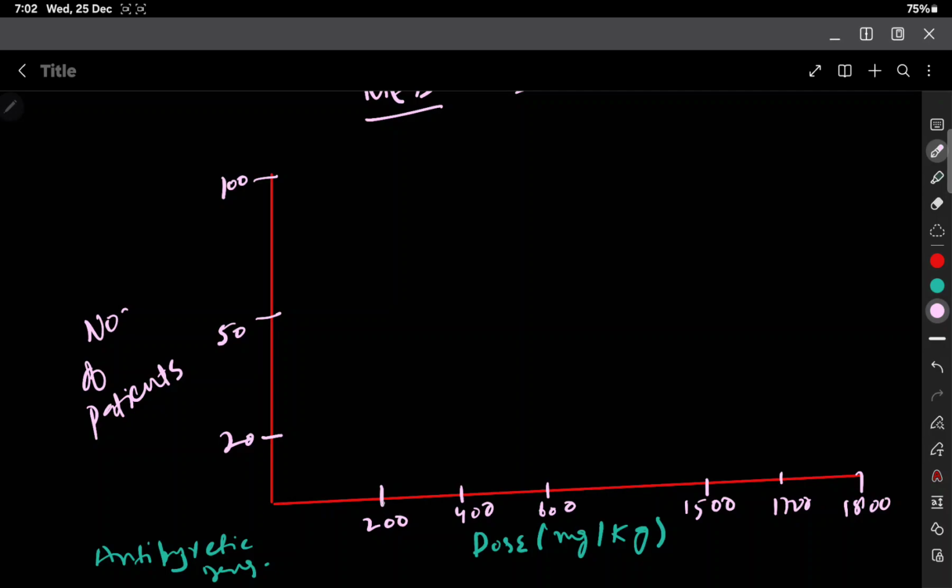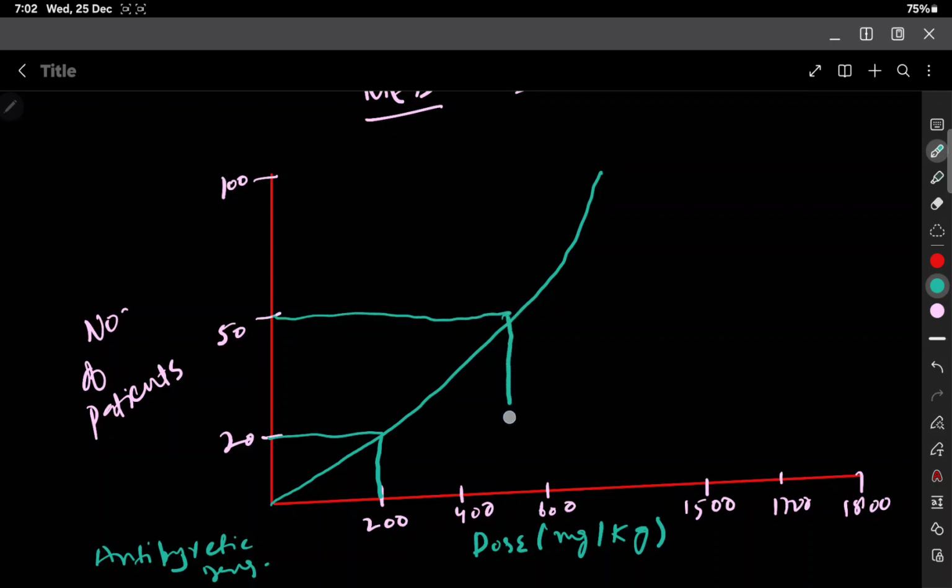Now when the dose of the drug is 200, how many patients are showing the effect? 20, for example. 20 of the patients are showing effect. So I will first draw the graph here. When the dose of the drug is, for example, 500, here it is 50. At the dose of 500, how many patients are showing the effect? 50 patients, so 50% of patients are showing the effect.